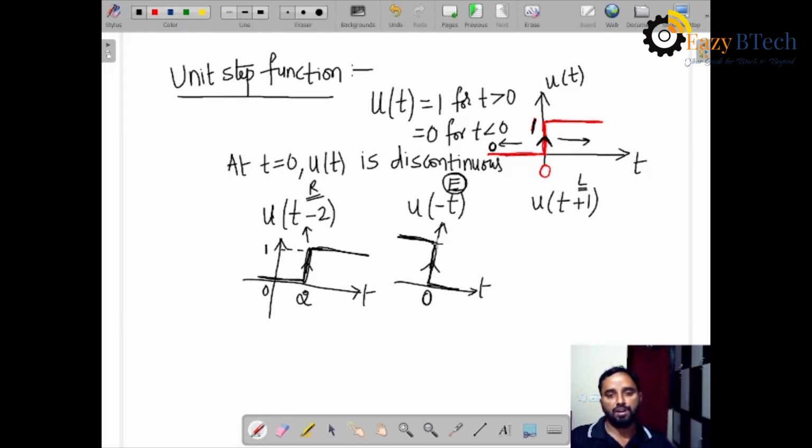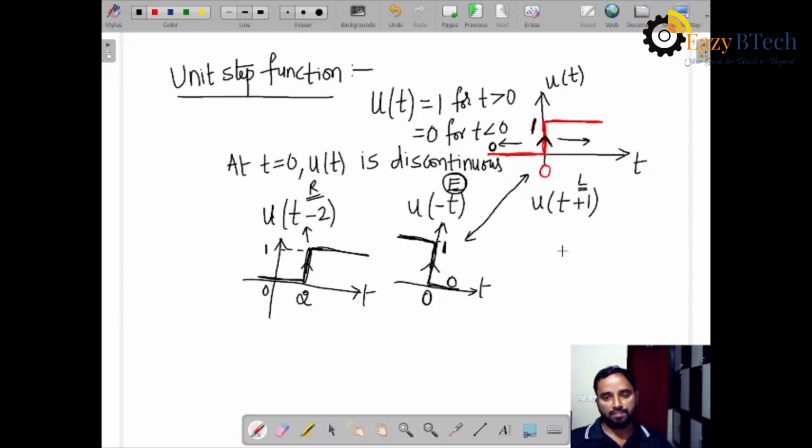Amplitude is 1 only. Now observe, this is the folding of u of t, u of minus t. It means the signal which is on the positive side will appear on the negative side, and the signal on the negative side will appear on the positive side. So here 0, here 1.